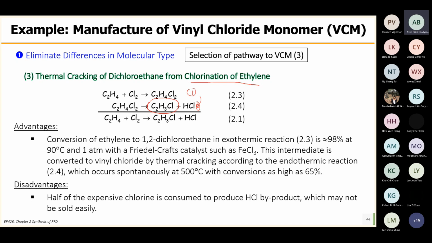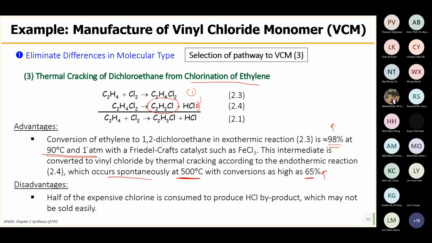Now, conversion of ethylene to 1,2-dichloroethane in an exothermic reaction is 98% at this condition. The intermediate reacts spontaneously at 500 degrees C, with quite high conversion. So here the conversion is high and occurs spontaneously at 500 degrees C.